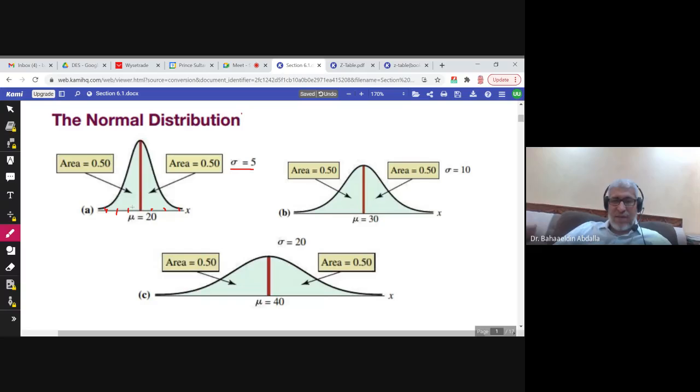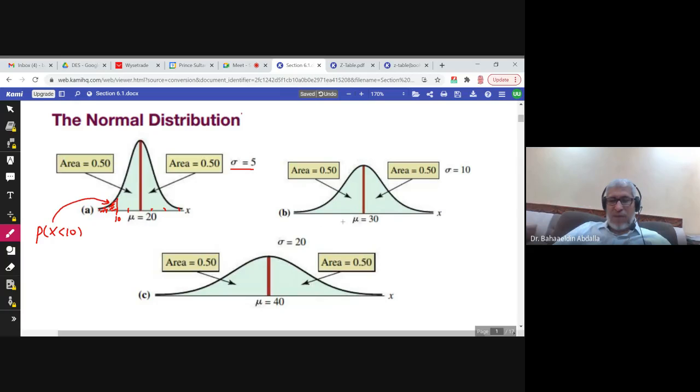For example, what do we need to ask about this distribution? If I ask you what is the probability that X is less than 10, then if this is 10, I'm asking about this area. So this area is the probability of X less than 10.